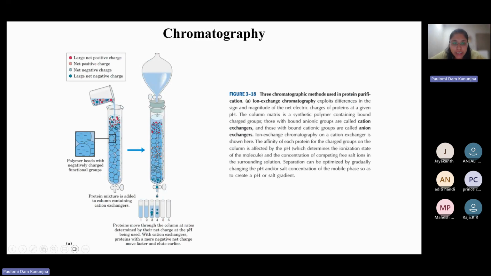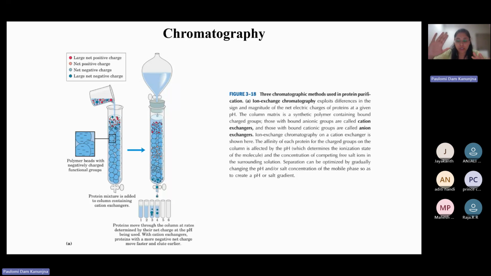This column matrix is a polymer, and it has several bound groups. If the bound groups are anionic in nature, they are called cation exchangers. Why is that? Because anions have a negative group, so they will bind to cations. So the cations will be bound to the column, and the remaining anions or negatively charged components will all move out through the column.